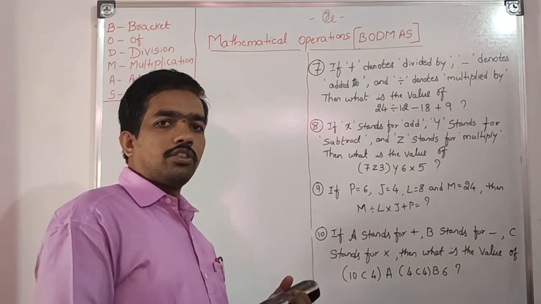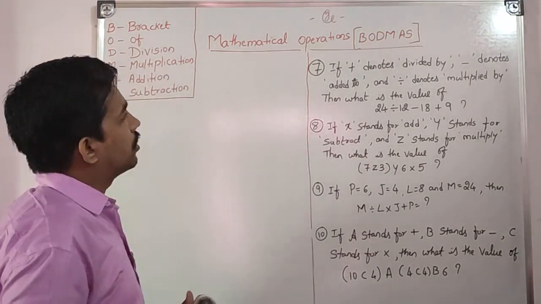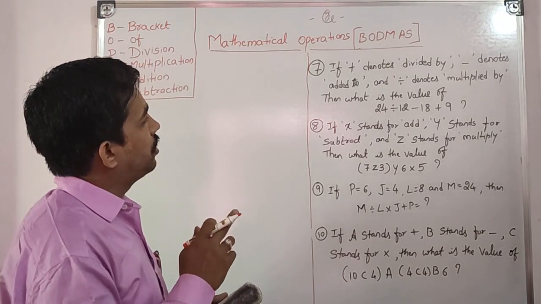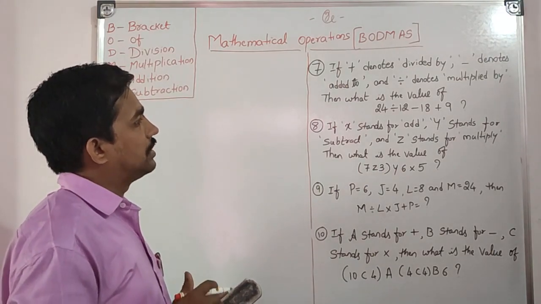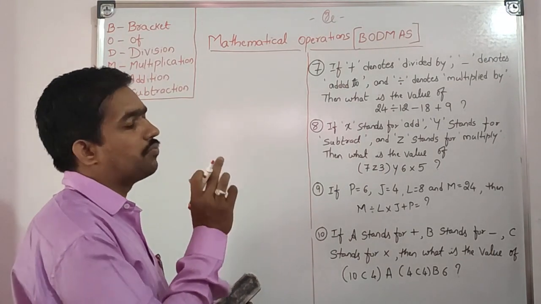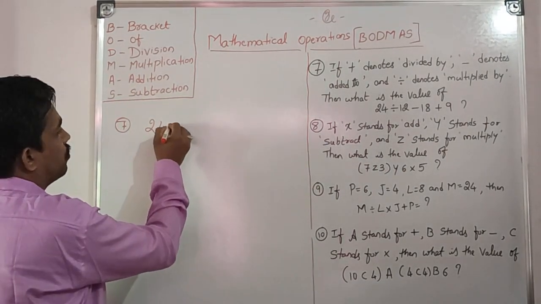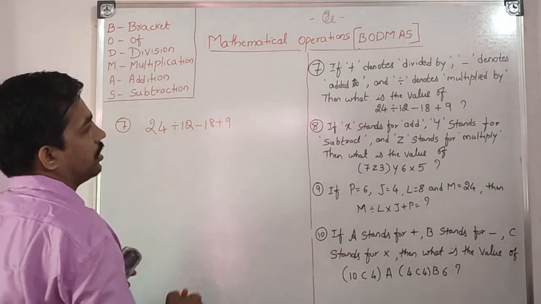Okay, coming to the seventh question. So what is given? If plus denotes divided by, minus denotes added to, divide denotes multiplied by. This is also the same question, but they have given it in words. So what is the question? 24 divide 12 minus 18 plus 9.